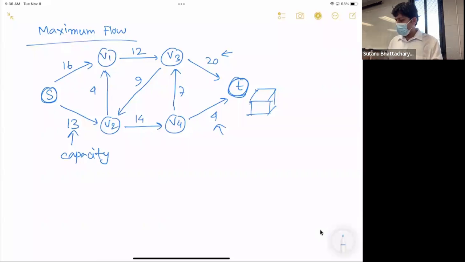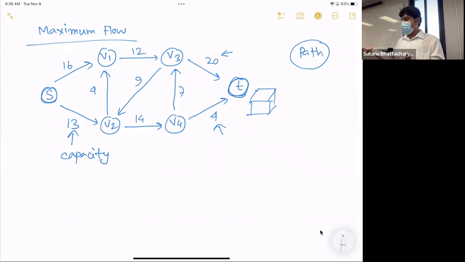Let's take one path. By the way, what is a path? In this case, it is from the source to the target node, going through some vertices.